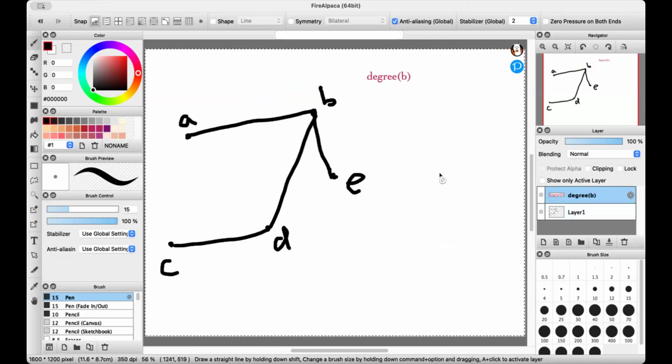A cool thing about the degree of vertices in the graph is the handshake theorem. Let me just write it out real quick.